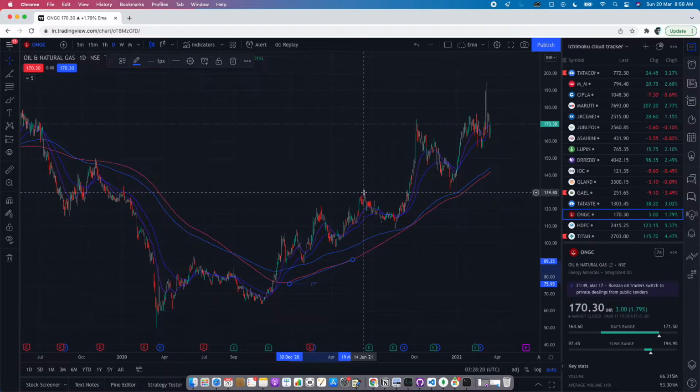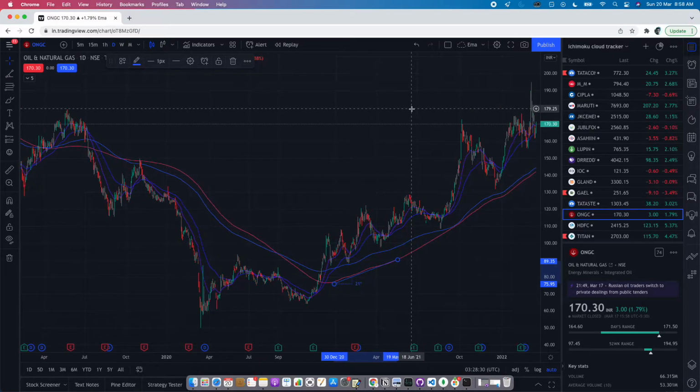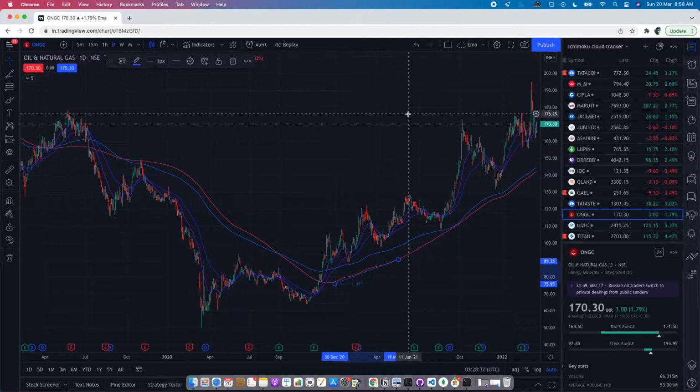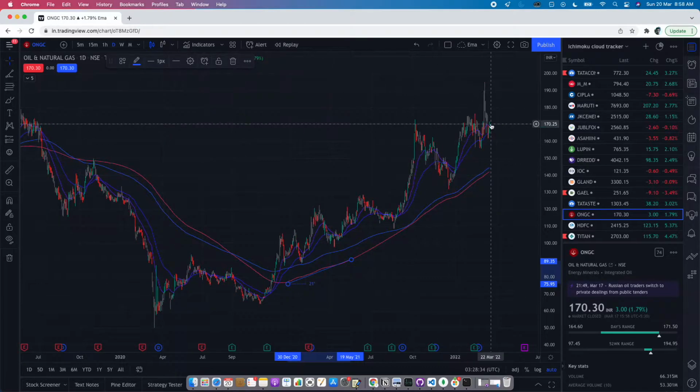So how you can do that is, say there is no big resistance here, so there's a good chance that it would have gone up. But for example, here there is a resistance, it has not gone above it in a long time, so it will face some resistance. So at this point, those who were investing from here should cut losses, take profit, or end the trade.